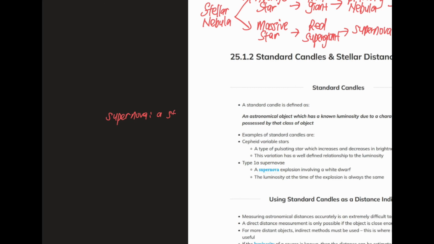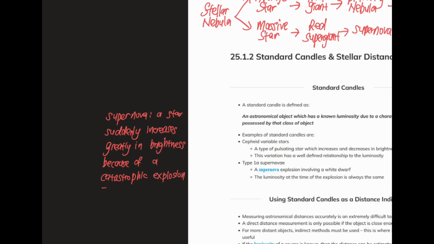It is a star that suddenly increases greatly in brightness because of catastrophic explosions that destroy most of its mass. So this is the concept of supernova.